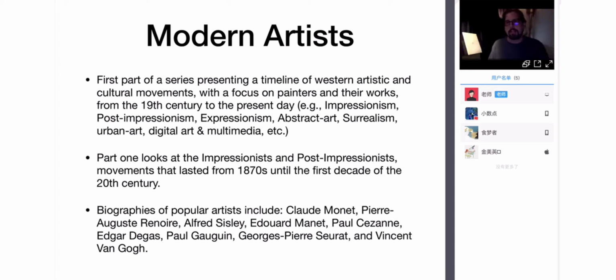Prior to that, you had the classical traditions. So in tonight's lesson, you'll get an understanding of what distinguishes modern art from classical art a little bit, and who were the artists that started it all.